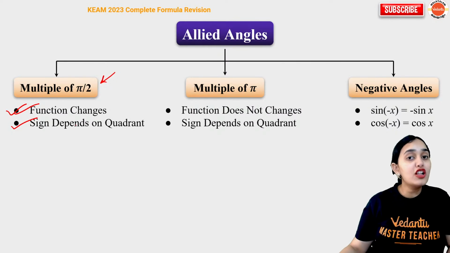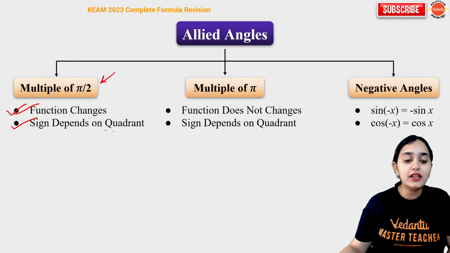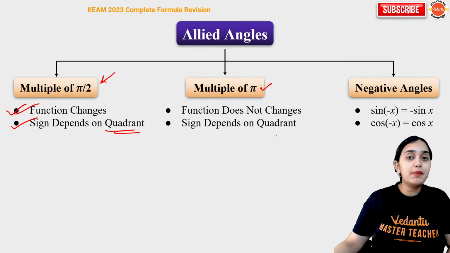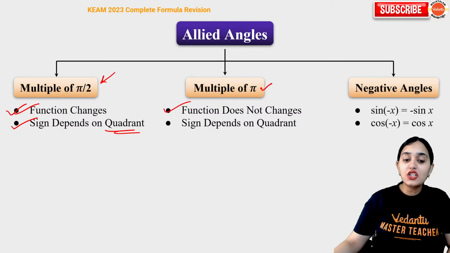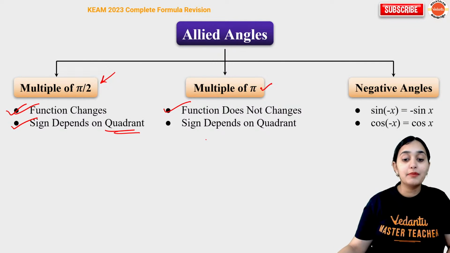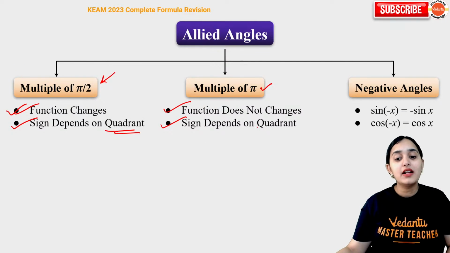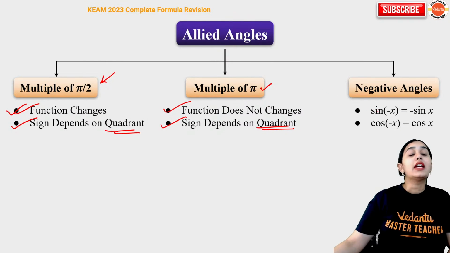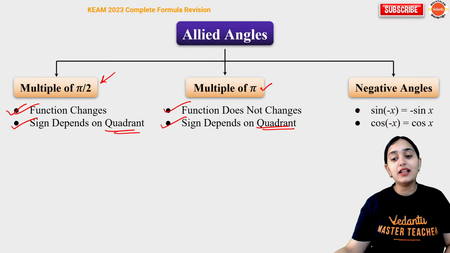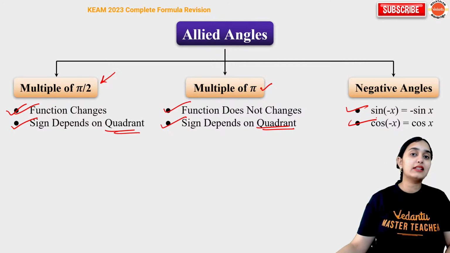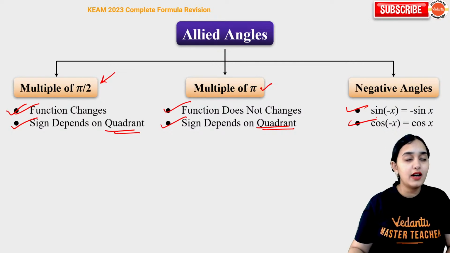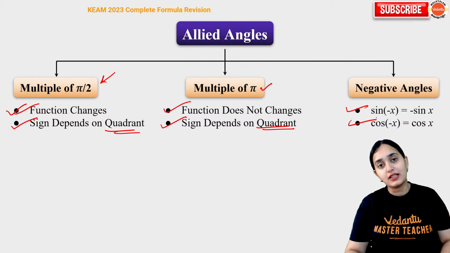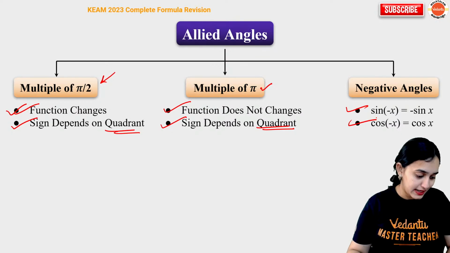Sign will also change depending upon the quadrant. Clear? If you apply a multiple of pi, the function does not change, but the sign will change depending upon the quadrant. Similarly, if you find the negative of the angle, the sign changes or does not change for sine, cos, tan, cot, secant, cosec depending upon the quadrant value.